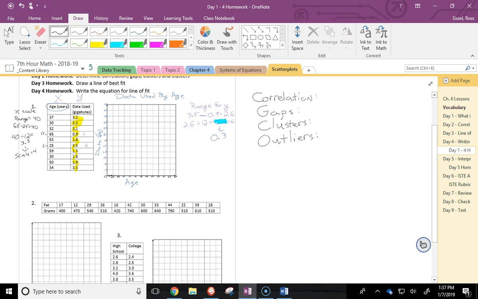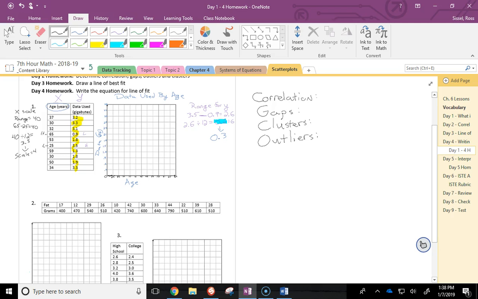Huge hit. Pretty much me just telling you an answer if you're paying attention. Clusters. If you look at yours, I need to see about 5 of the dots almost sitting on top of each other. Look at yesterday's assignment. On any one of the 3, was there a bunch of points sitting on top of each other?